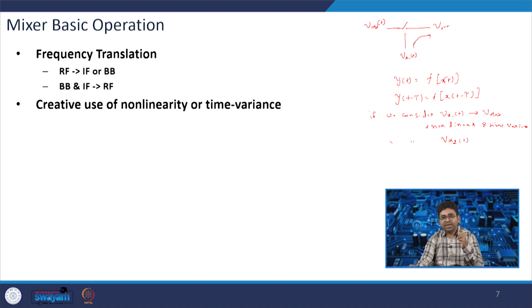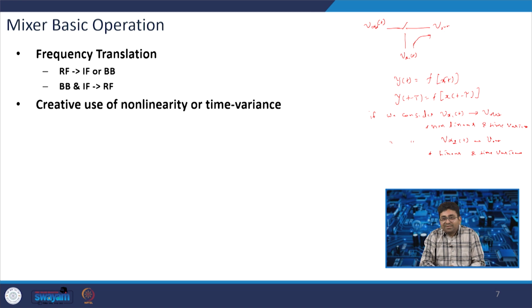But if you change the amplitude of Vx1, similarly you will see that Vout also changes amplitude. So, in that case you have a linear and time variant system. So, that is a linear and time variant system.